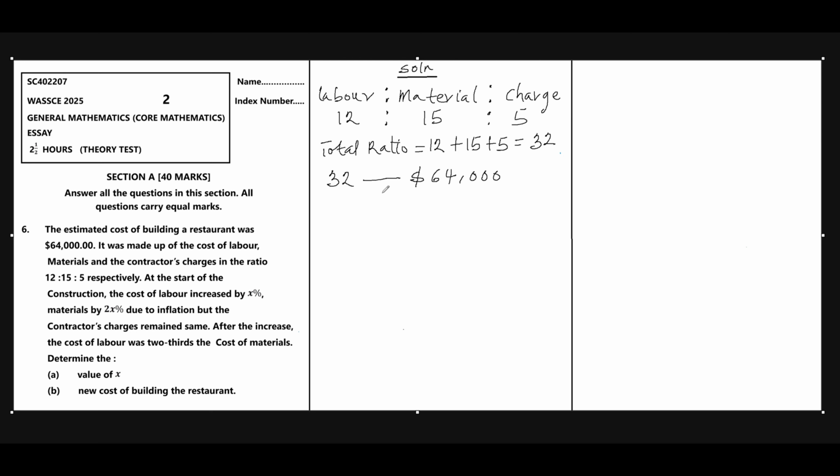Now the next thing we do is calculate the actual estimated cost of labor, the actual estimated cost of material, and the actual estimated cost of the contractor's charge. So let's begin with the estimated cost of labor.